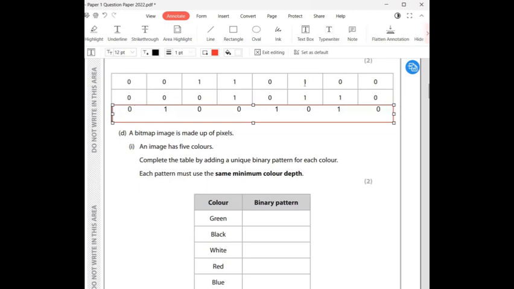Plus 4 is 52. So we got 52 here on the top. And we got 16 plus 4 is 20. Plus 2 is 22. So 52 plus 22 is going to give you 74. So 64 plus 8 plus 2. 74. So that is 74 in binary. So that's one way to check it if you're not sure.